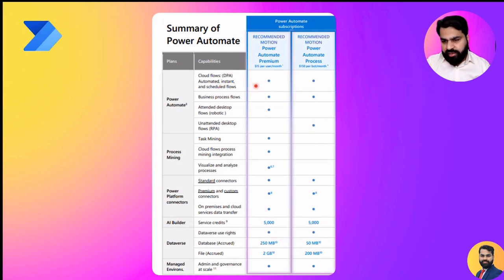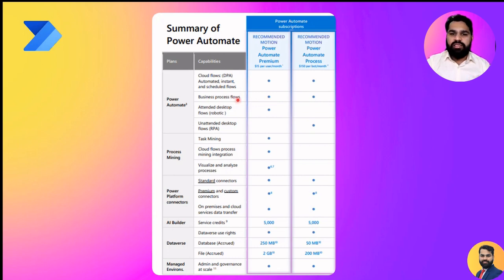Premium flows are the flows where any premium connector is being used, a minimum of one. As soon as even one action of a premium connector is utilized in that Power Automate, it automatically makes the Power Automate a premium Power Automate. From the business process flows, these users will be able to access these as well, right?